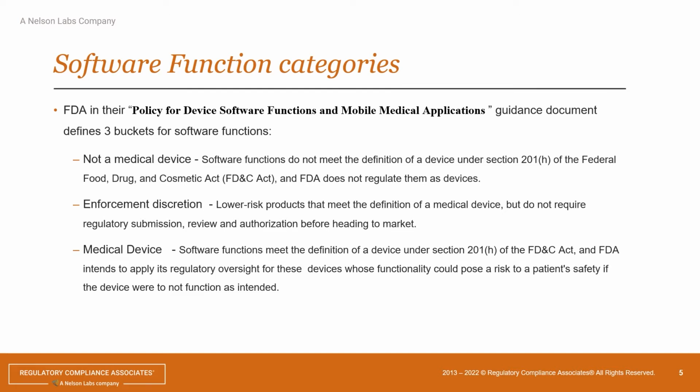Although it's health related and it fits the definition, FDA basically exercises enforcement discretion, and it's a risk that the manufacturers take, saying FDA is not going to be applying oversight for those. And then the third category is the actual medical devices that we'll cover in this presentation and talk about more. But it's very important for the classification to know where you fall in these three buckets.